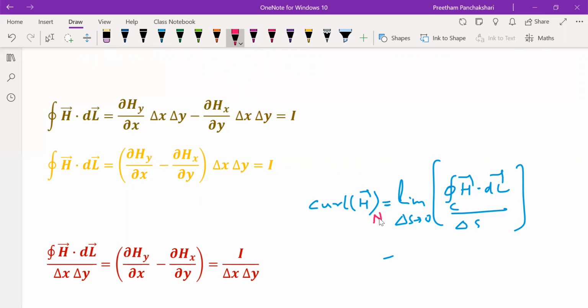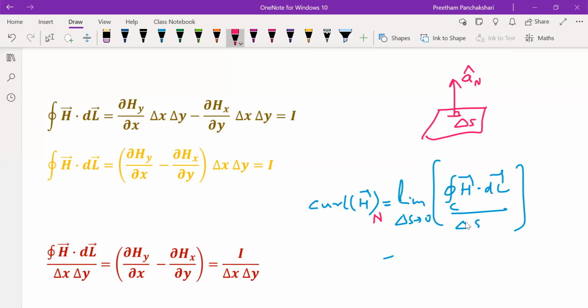The subscript n stands for the normal component of the curl H. That means n is the unit vector perpendicular to the surface under consideration. So curl H has only the normal component in this equation. So curl is always normal to the area under consideration.